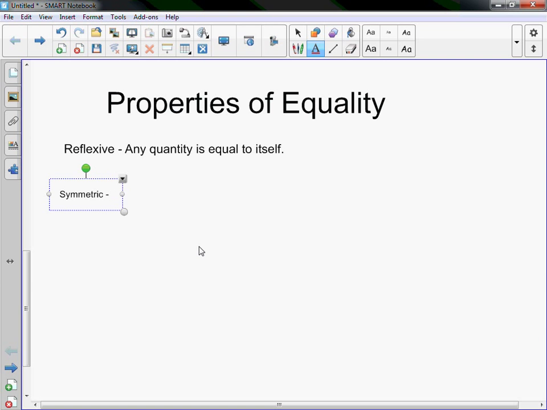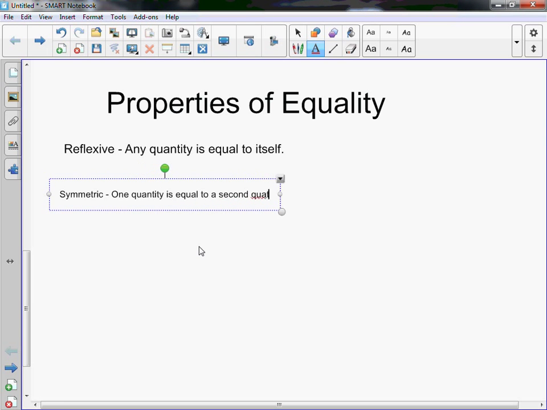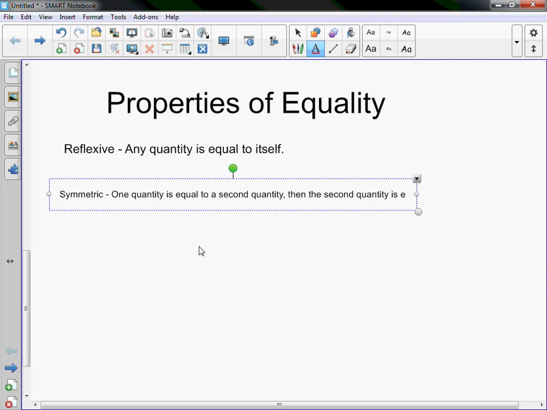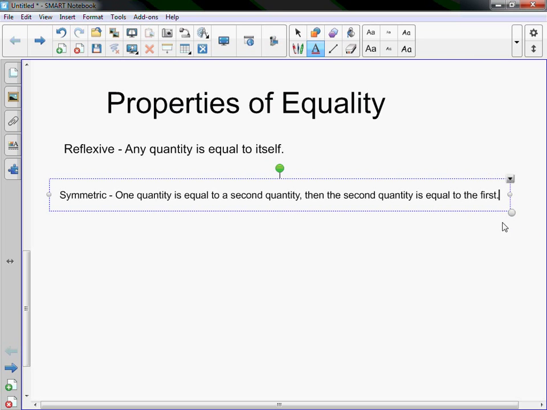This one says that if one quantity is equal to a second quantity, then the second quantity is equal to the first. Pretty basic idea, nothing too fancy there. It's kind of stating something pretty obvious.